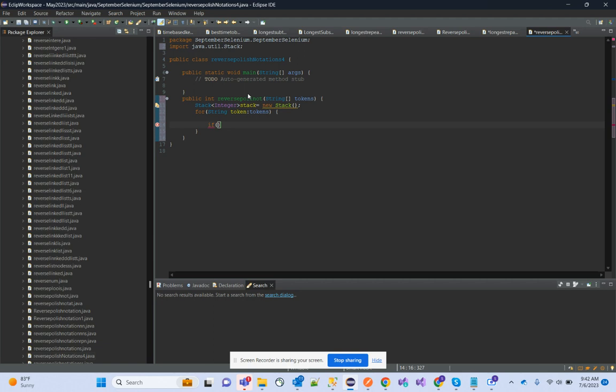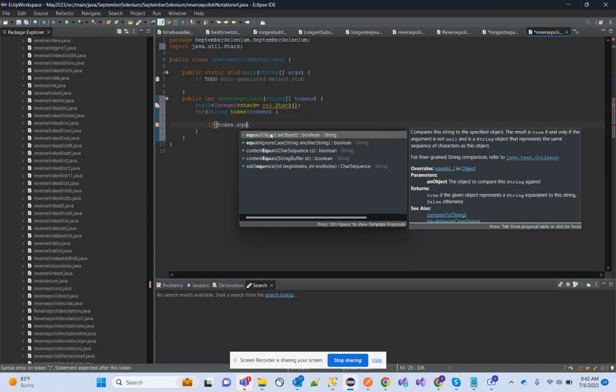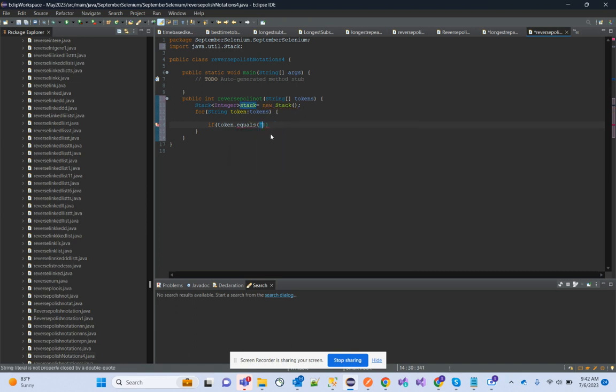If token equals plus, then what will happen? If token is minus, then what will happen? If token is multiplication, then what will happen? I'm just writing those valid expressions. If token is division, then what will happen?